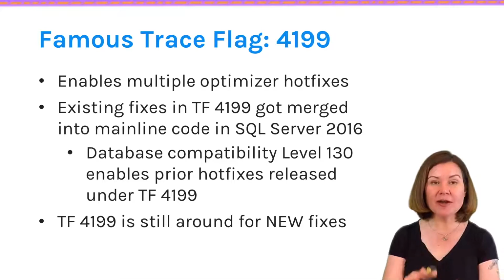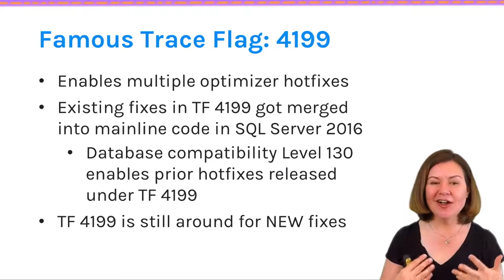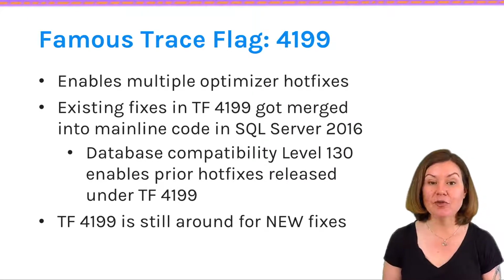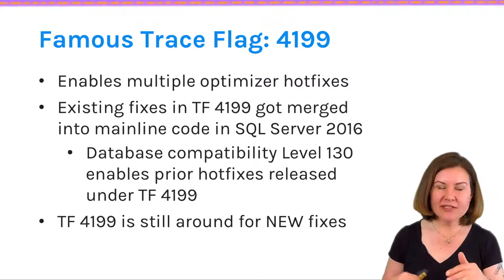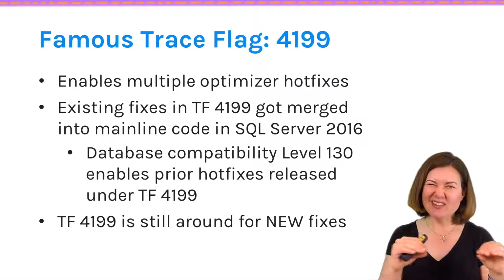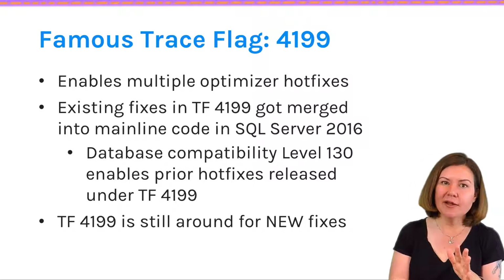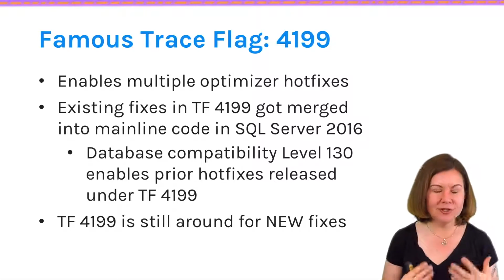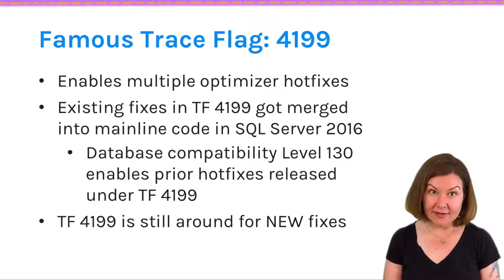The previous pre-2016 fixes are automatically on if you're at compat level 130. Now, you might be like, well, what if I want these fixes, but I don't want the cardinality estimator? You have a new option at the database level where you could say, I want compat level 130, but I actually want the old cardinality estimator. So you've got many different ways to get the settings that you need.